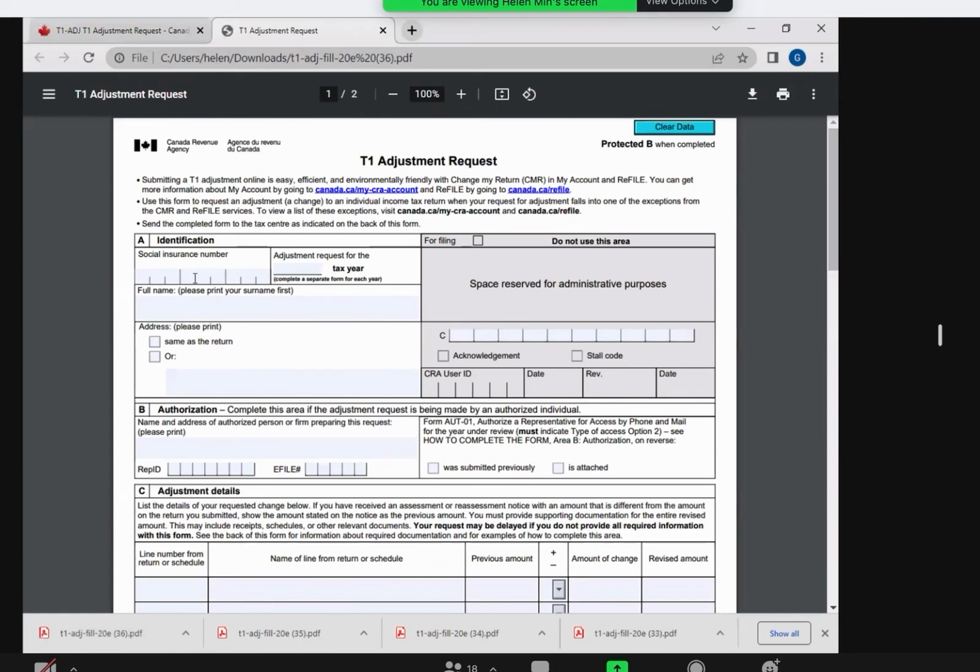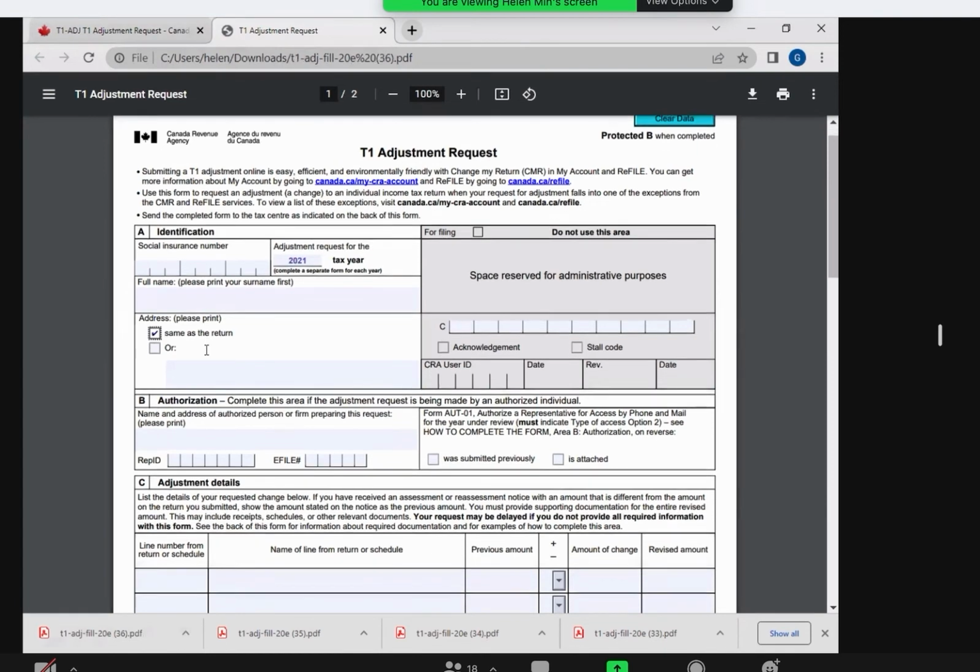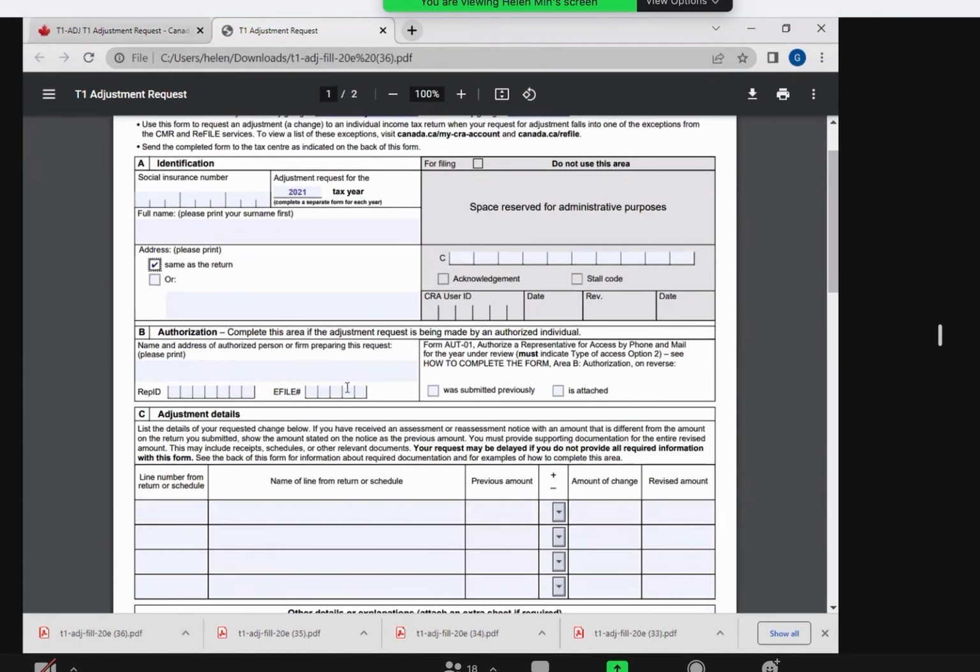Then your insurance number, then the correct tax year, which is this year, 2021. Then the same address as your return. If you have not moved, same address as your return, you don't need to fill it out here.